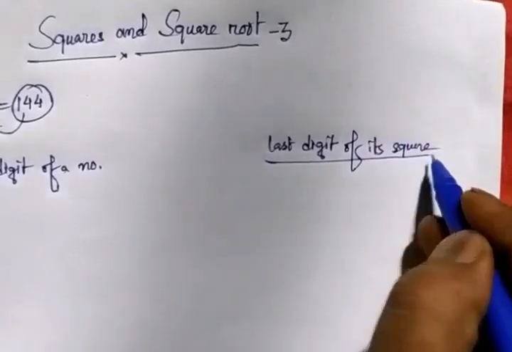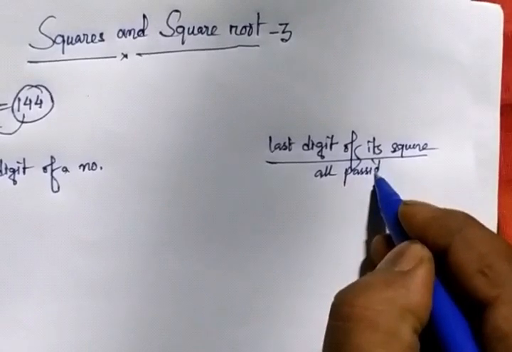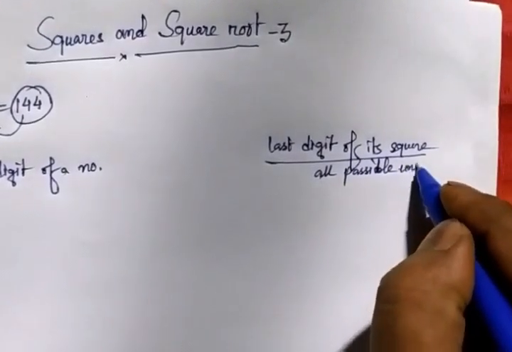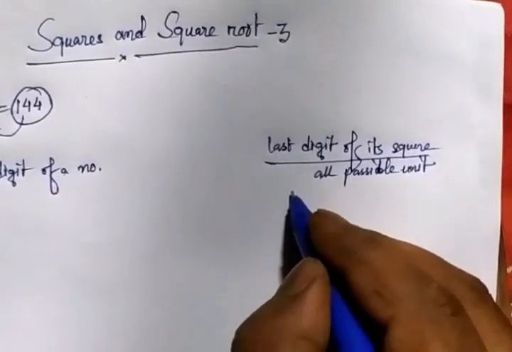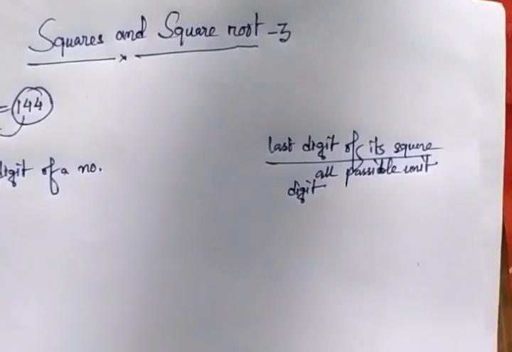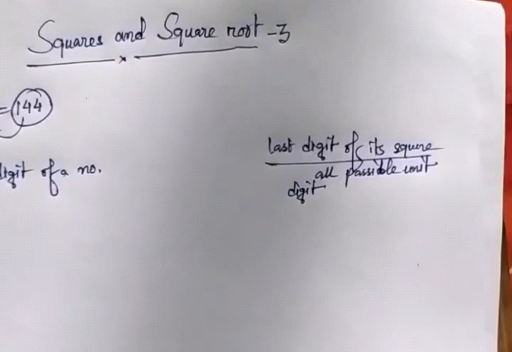Here we get all the possible unit digits, or one's place digits, or last digits of a perfect square number.